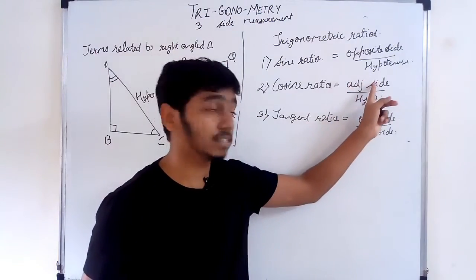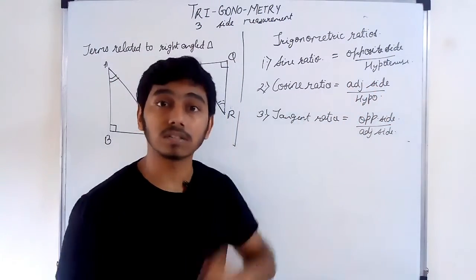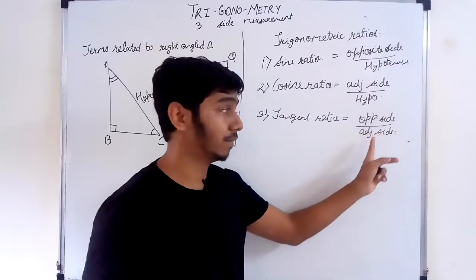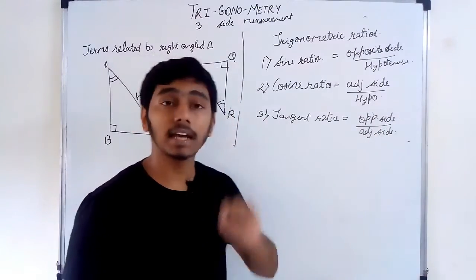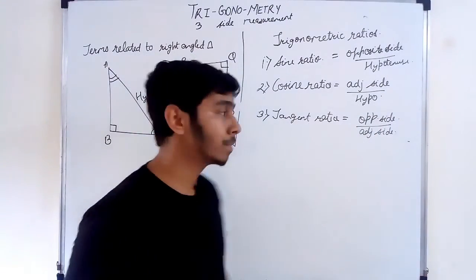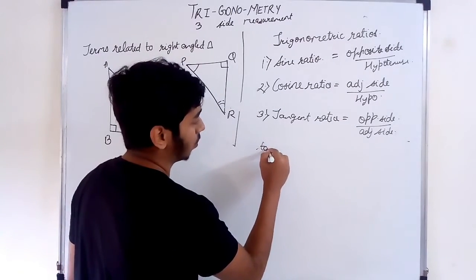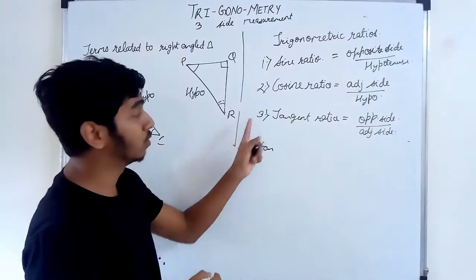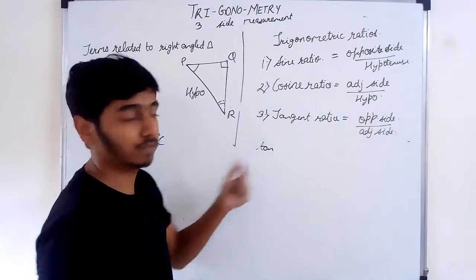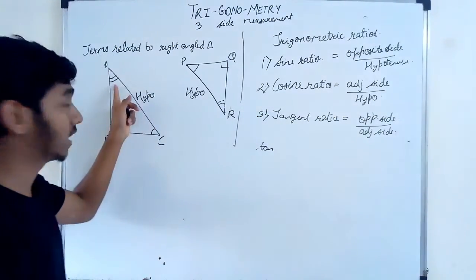When you divide the adjacent side by the hypotenuse, you get cos. When you divide the opposite side by the adjacent side, you get tangent. Okay, so let's see tangent. You write tangent in short, which is tan. So let's find for tan A.